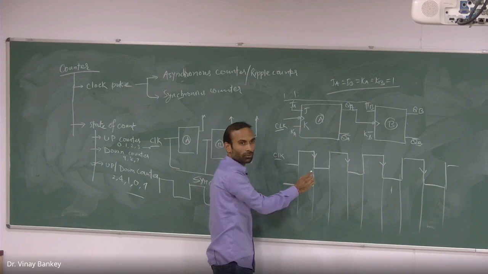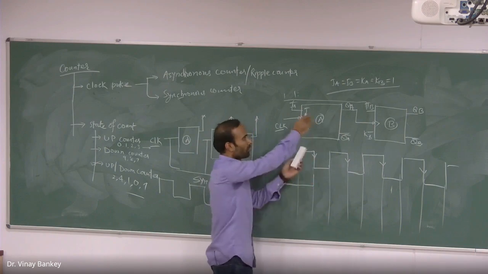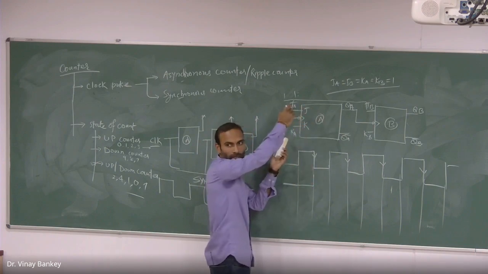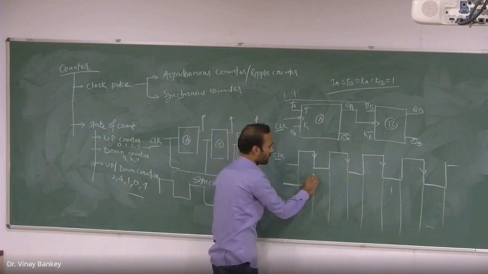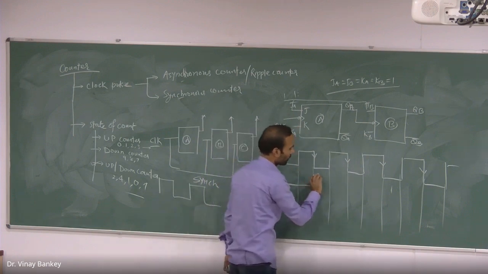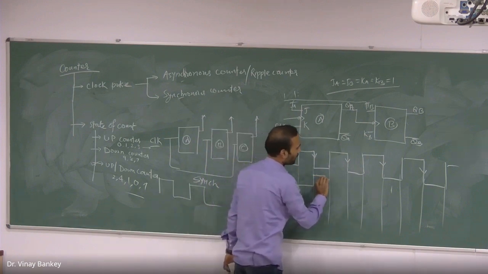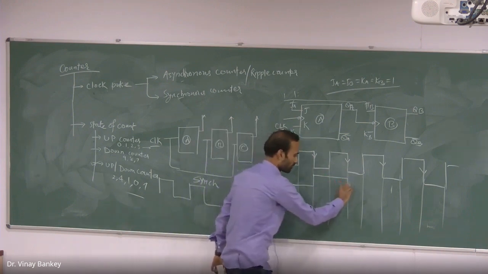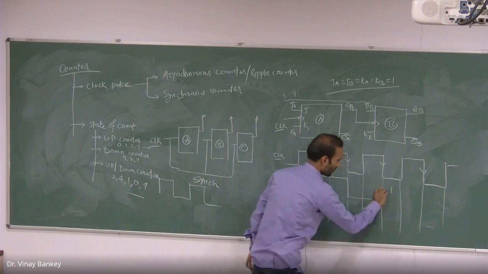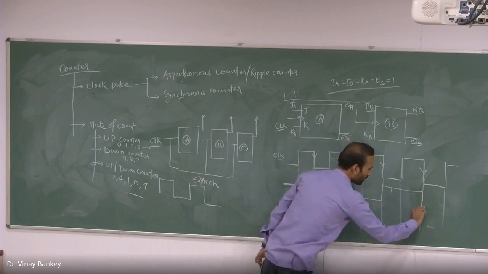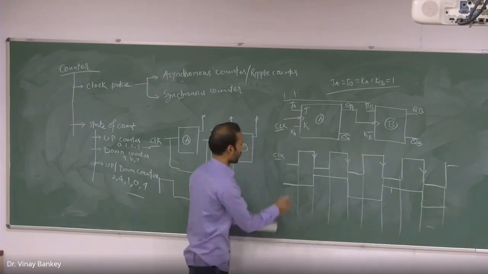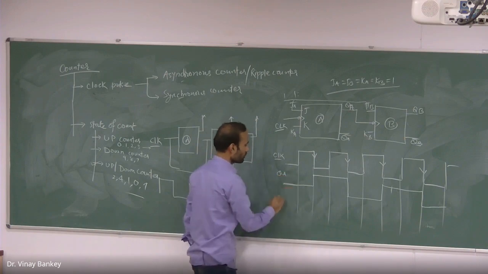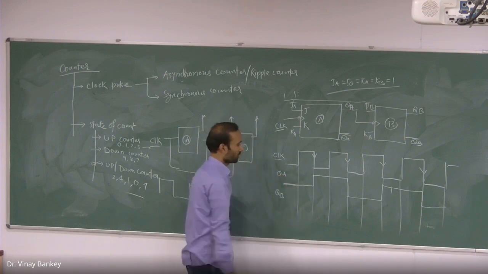So what will be the output according to the 1, 1? Toggle. Previously if it was 0, it will become 1. And it will remain 1 till the next negative edge. So this way I can have the output at QA. Now what will be QB?